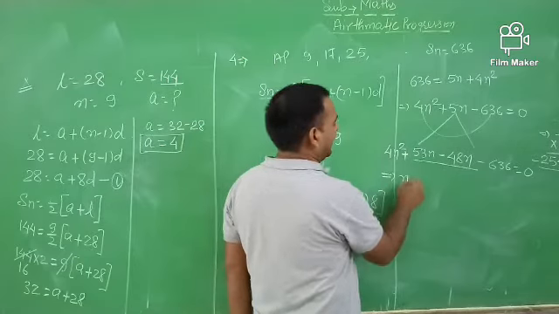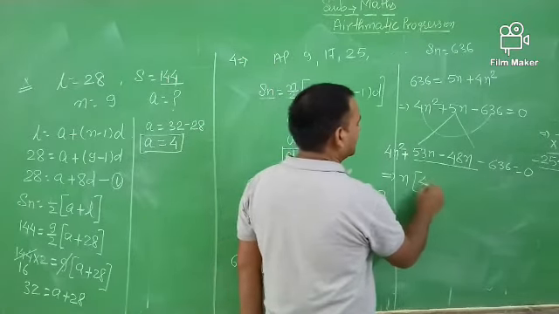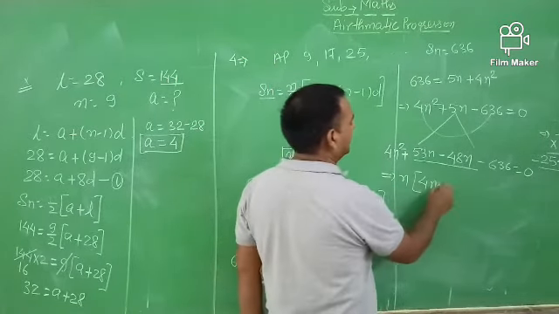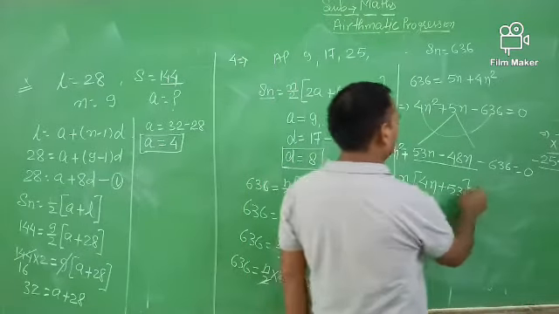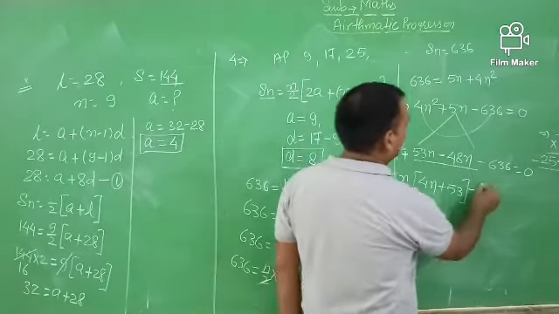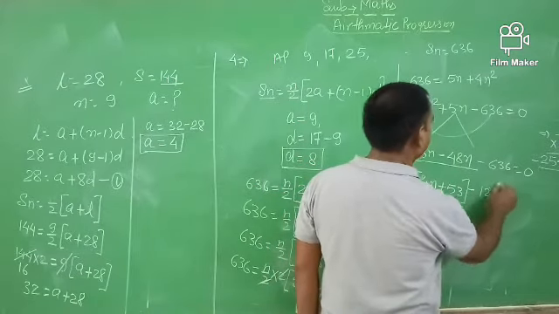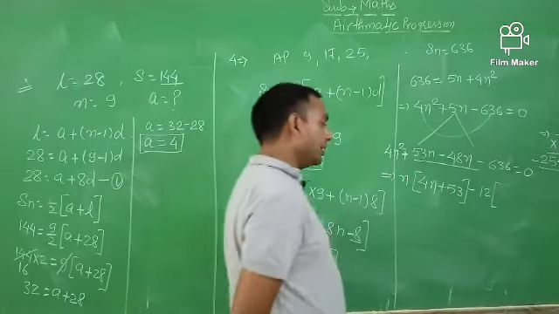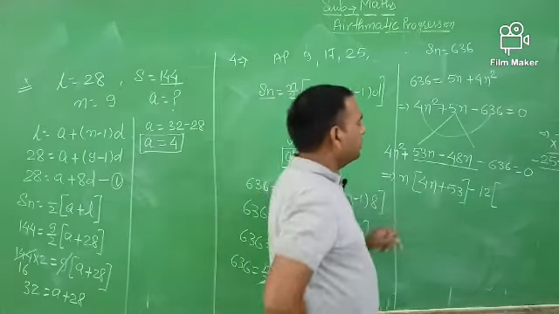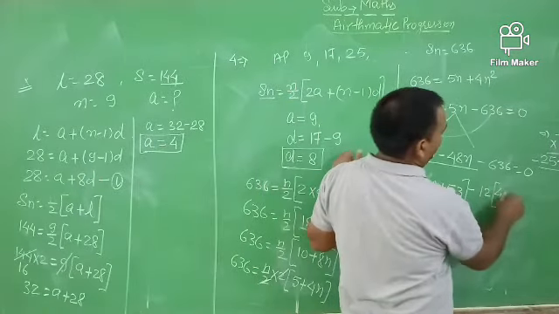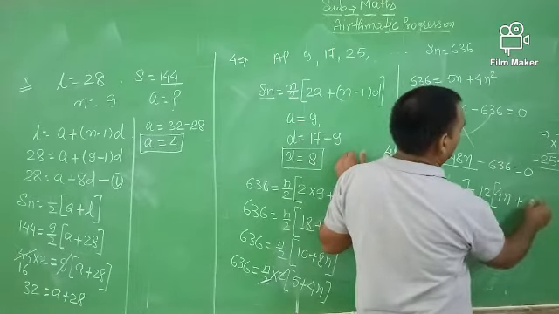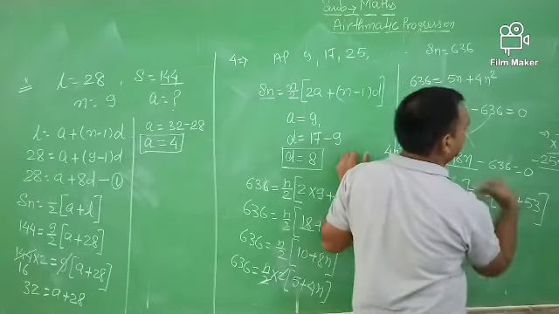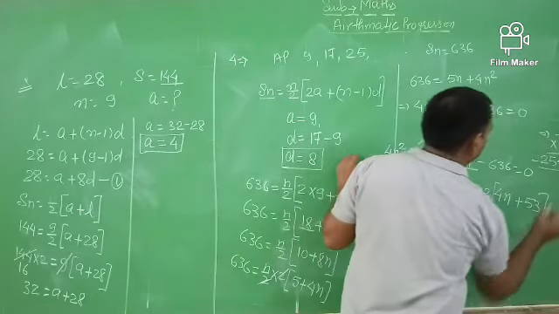If you take n as common, this is n into (4n plus 53). Next, you take minus 12 as common: 12 fours are 48, so this is minus 12 into (4n plus 53), equal to 0.